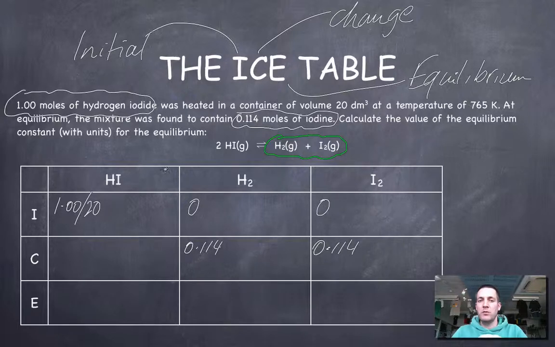The change in the number of moles of HI would have been twice as much as this, because there are 2 moles of HI in this equation for every 1 mole of the others. So in other words, the number of moles of HI changed by minus 0.228.